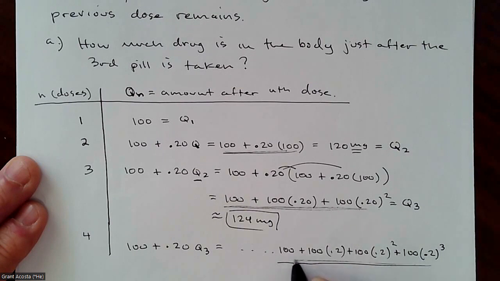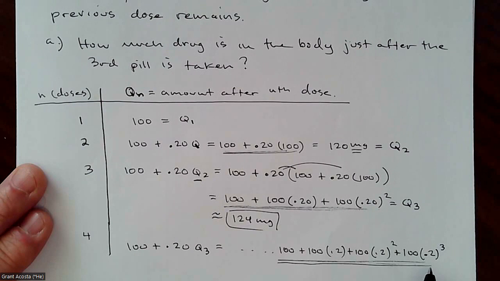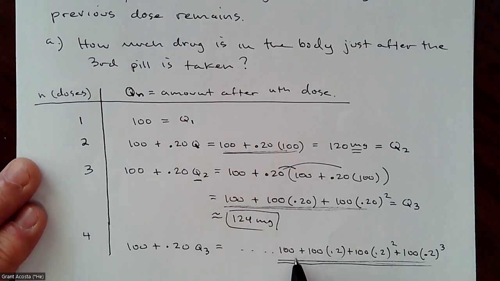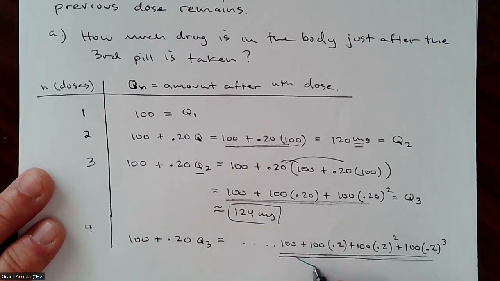And you start to notice a pattern here. And what you also hopefully notice is that this is looking like a geometric series, right? To get from here to here, you're multiplying by 0.2. From here to here by 0.2. This is geometric. R equals 0.2.